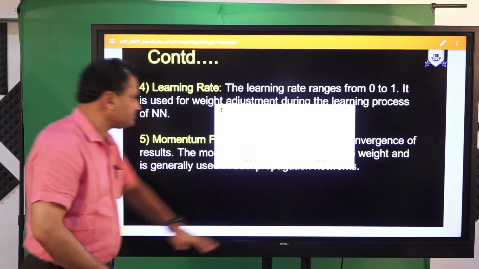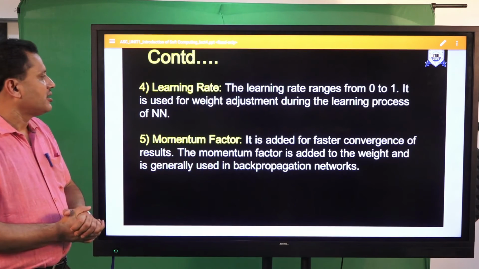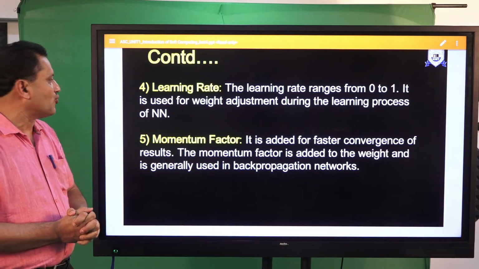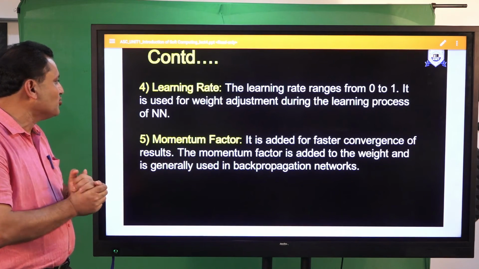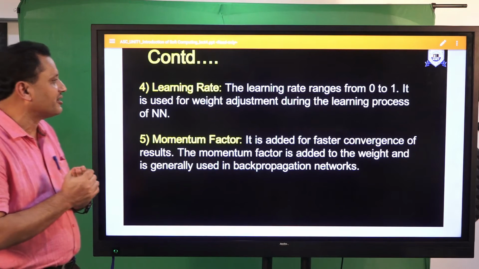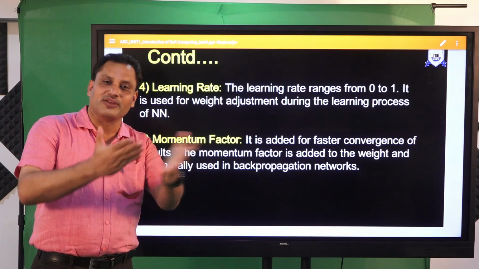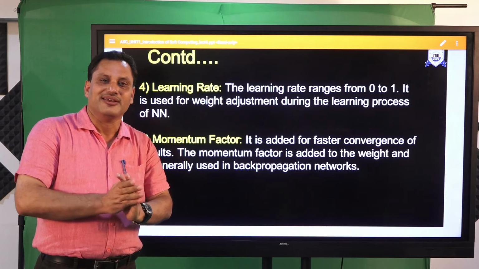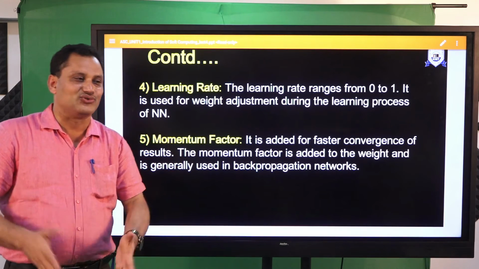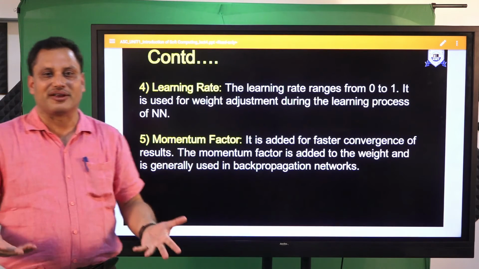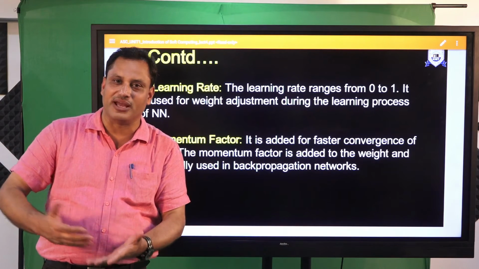Learning rate. The learning rate ranges from 0 to 1. Why are learning rates used? It is used for weight adjustment during the learning process. You can establish an analogy of the learning rate with a child. Some children may have a faster learning rate, some may have a slow learning rate.